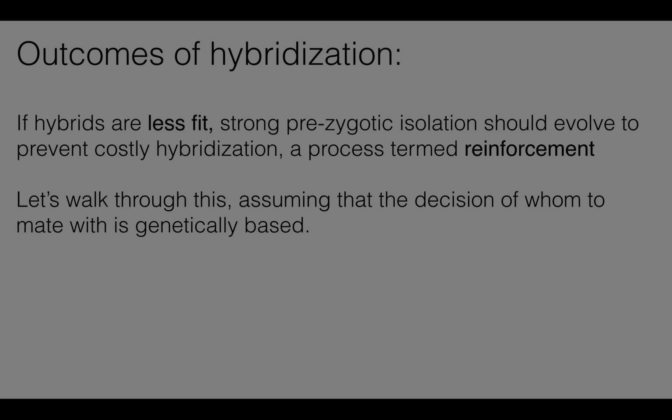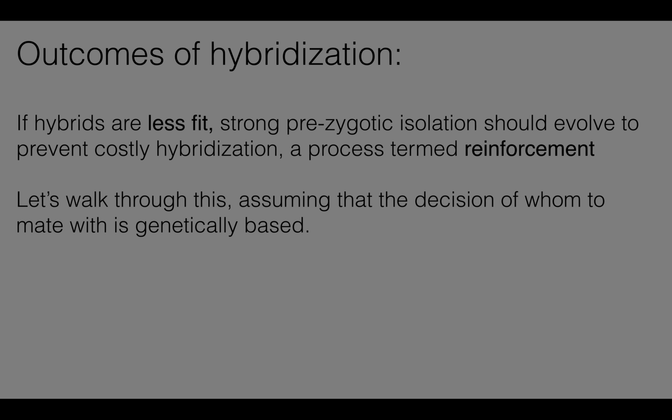So if we assume that the decision of whom to mate with is genetically based, so if there's some gene that says mate with this guy or mate with that guy, if you have a gene that says mate with that other species, that's a great idea, and then you do that and hybridization is costly, what is going to happen to your offspring?